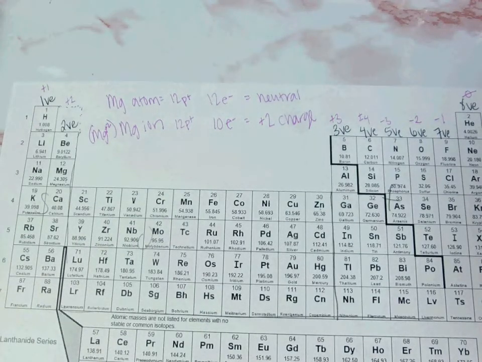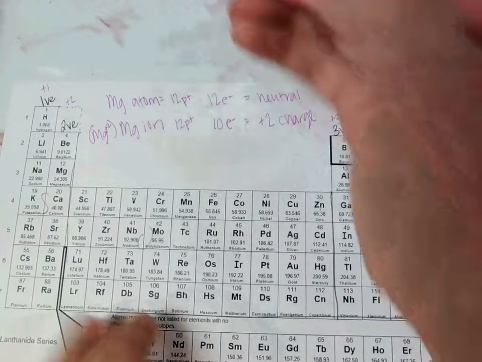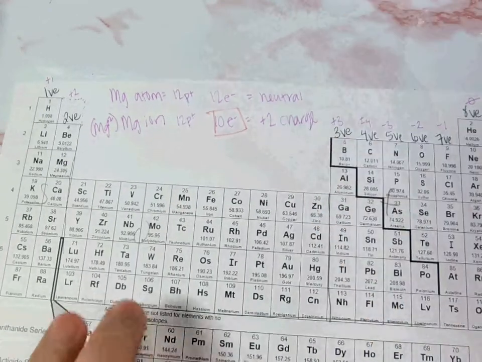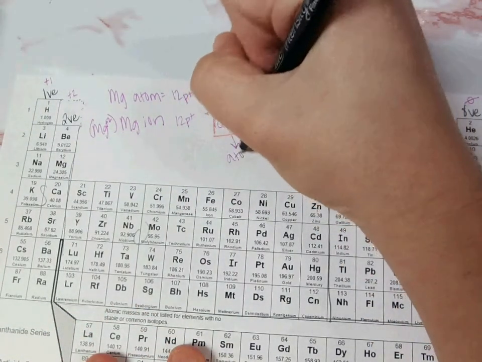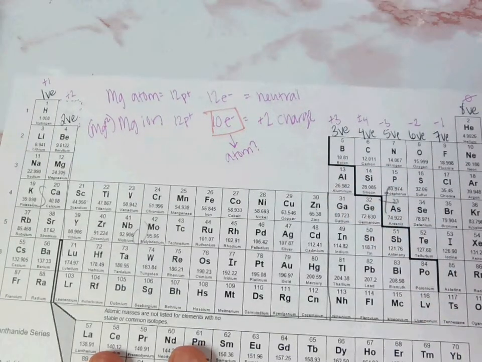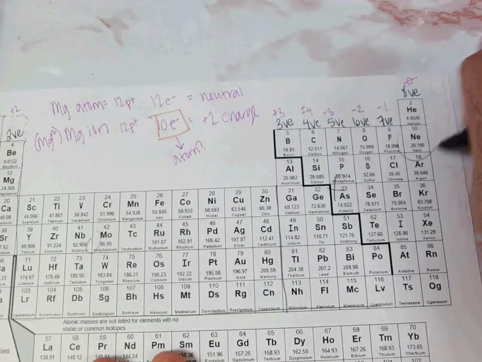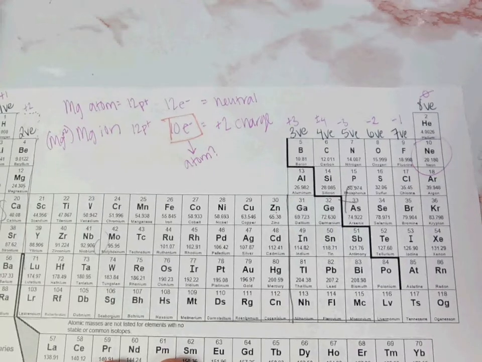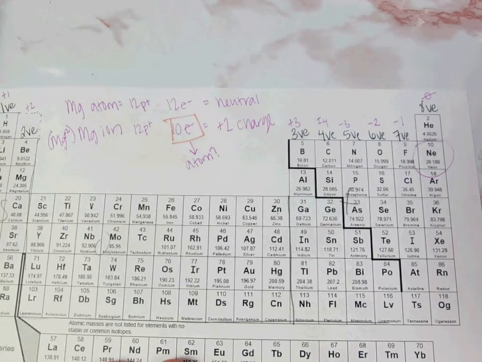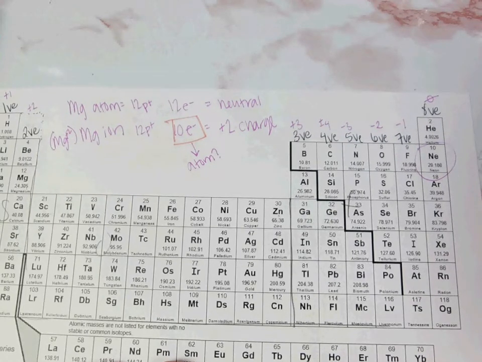Now if we look at this in isolation, if you have 10 electrons, what atom has 10 electrons? Neon. So neon is right here. Neon has 10 electrons. And so when magnesium forms an ion, its electron configuration is going to look like the electron configuration for neon.